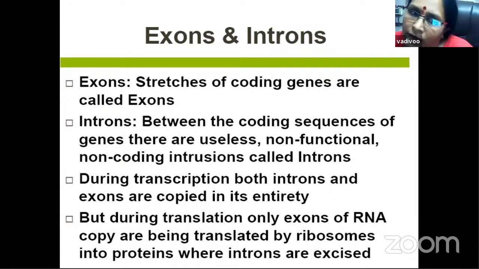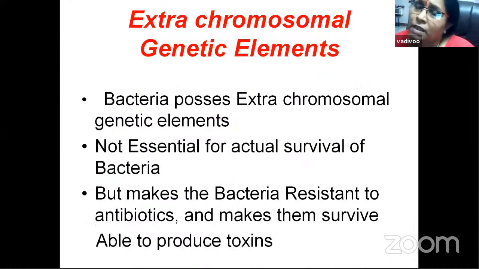During transcription, both are copied, but during translation only the exons of the RNA are translated, and the introns are excised. And there is one important different feature from the human genome. The bacterial genome possesses some extra chromosomal genetic elements.